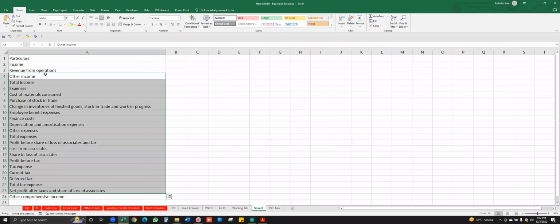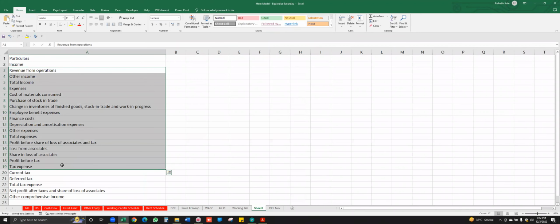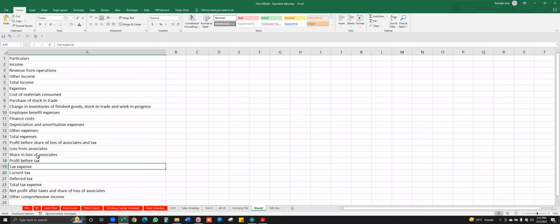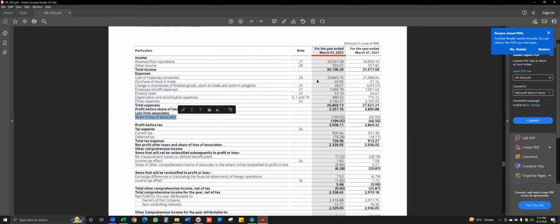Okay. Now one more thing that you have to keep in mind is that whenever you copy, Excel doesn't consider the spaces. This is a space between share and loss and profit. There was a space, but here Excel doesn't consider the space. So while copying numbers, make sure you only copy till there's no space.